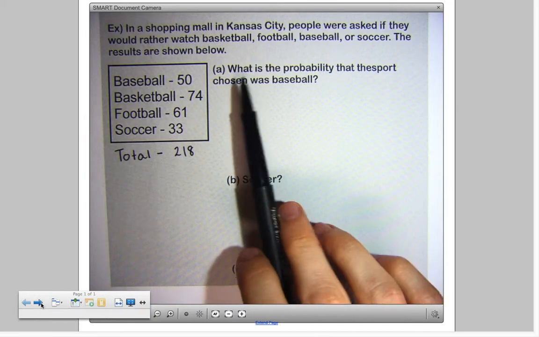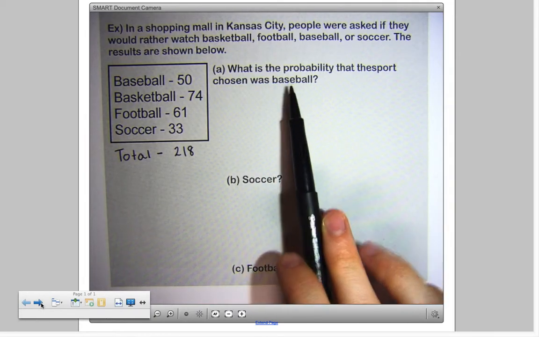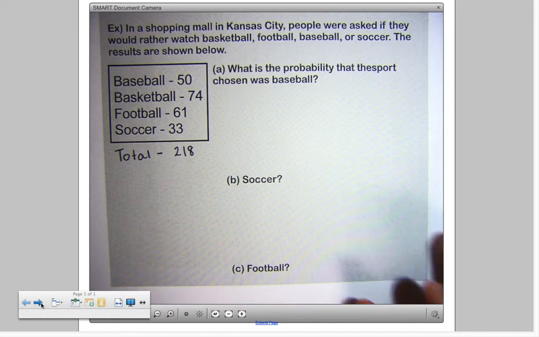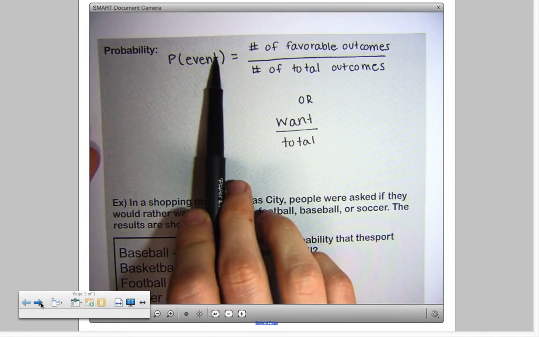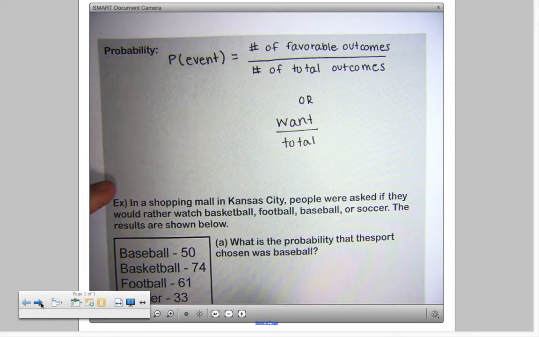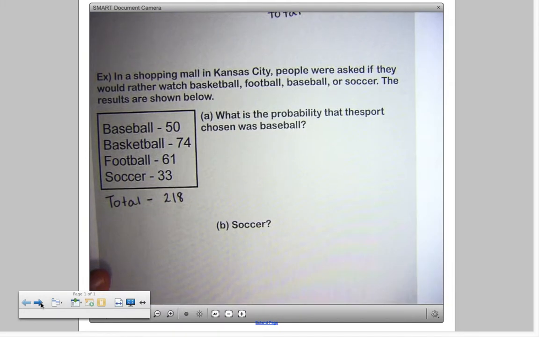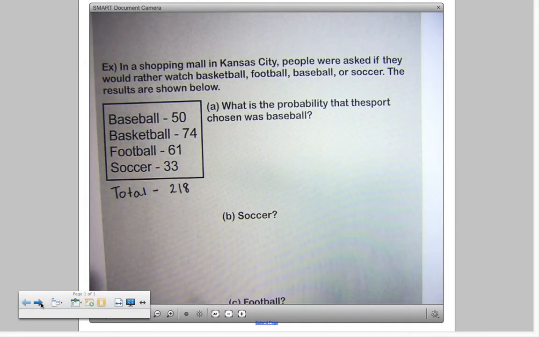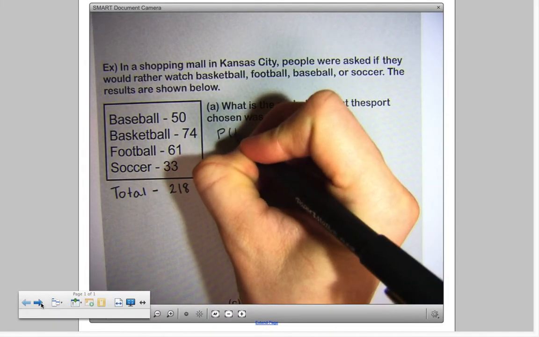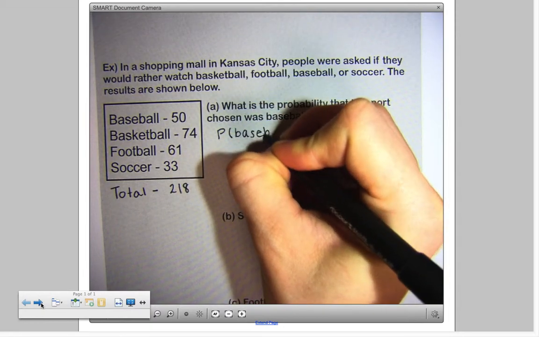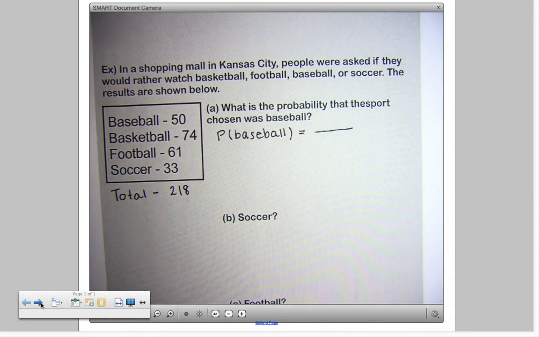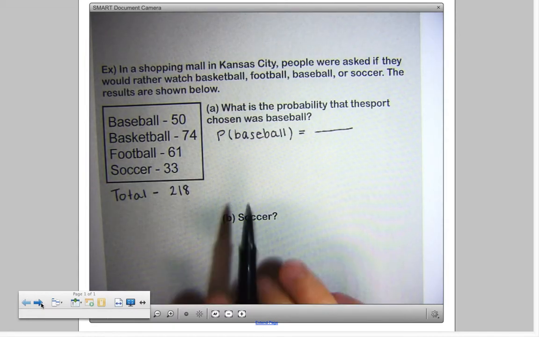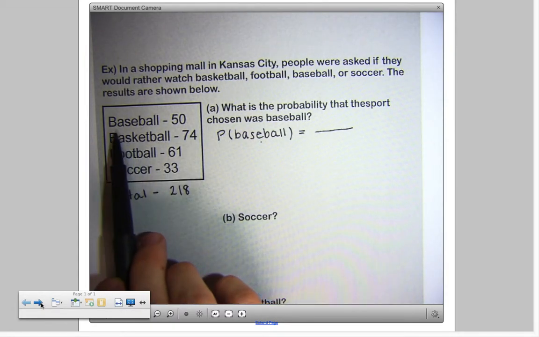So if we look at the first one, what is the probability that the sport chosen was baseball? If you go back up to the equation, we have probability of an event. The event is in parentheses because that's what we're finding the probability of. So down here, we're finding the probability the sport is baseball. So I'm going to have probability, and then in parentheses, baseball. Remember, probability is going to be a fraction: what I want over the total.